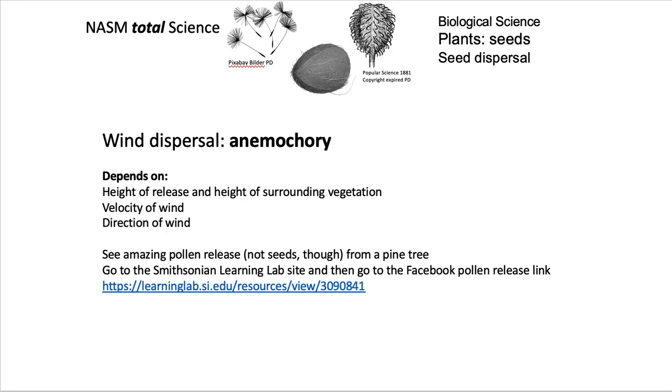Then we can look at wind dispersal, anemochory, but that's going to depend on the height of the release and the surrounding vegetation, the velocity of the wind, and very much the direction of the wind, and often there's a prevailing wind direction.